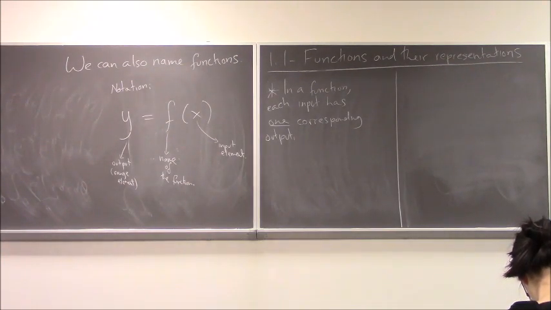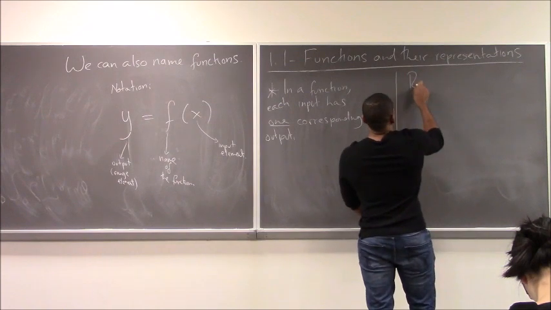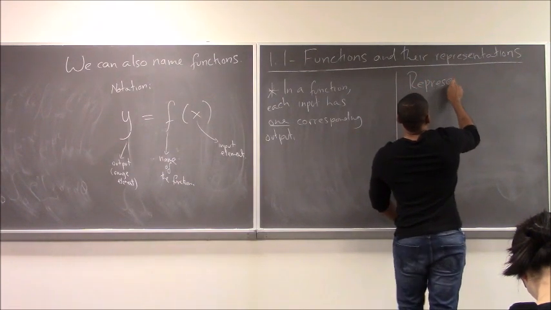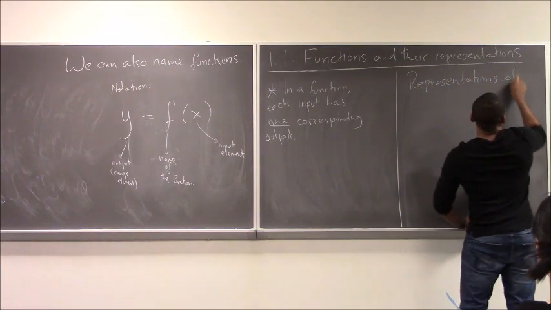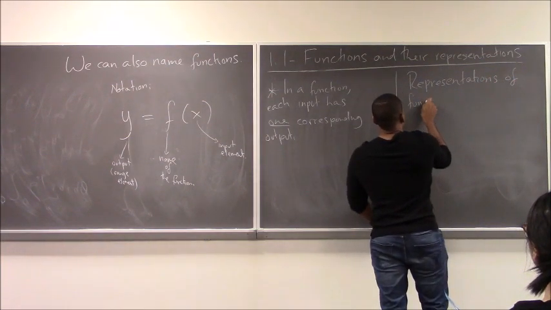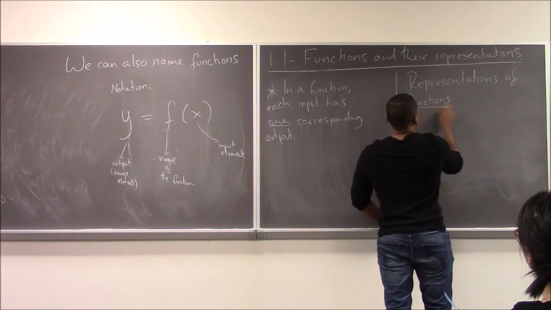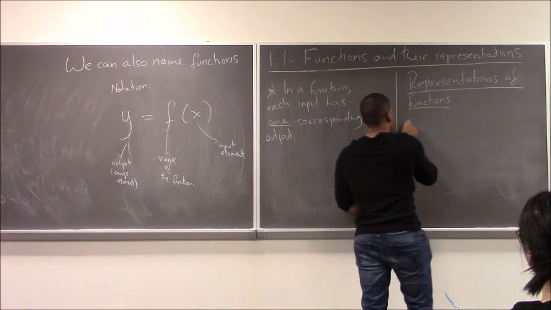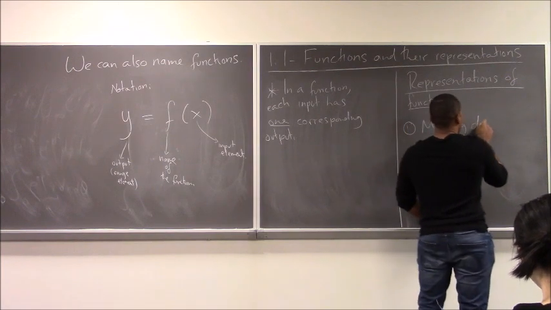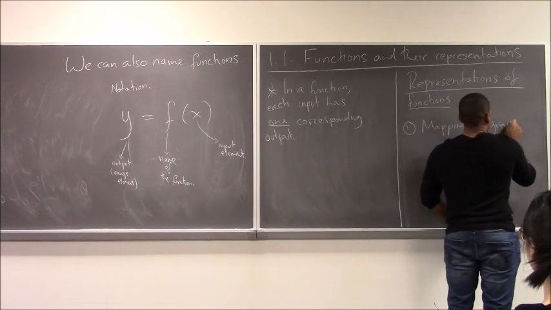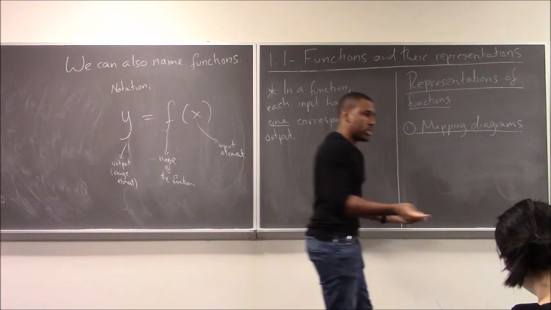Let's talk about some ways to represent functions. We're talking about functions and their representations. One way to represent functions is what we call a mapping diagram, which is basically like the picture that I just showed.